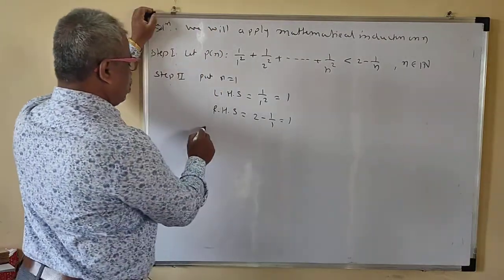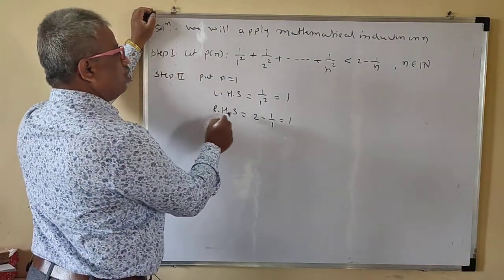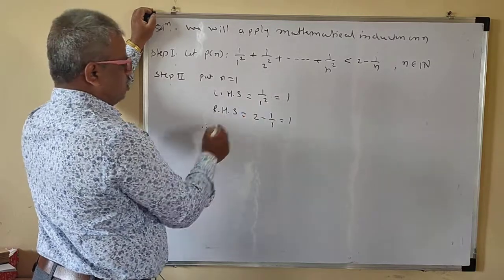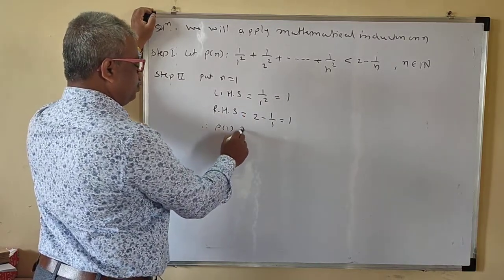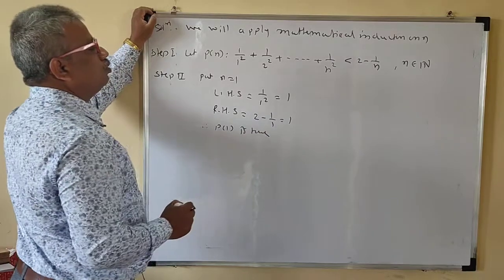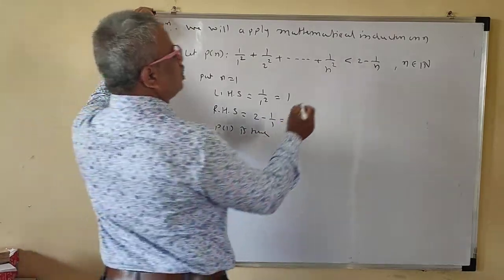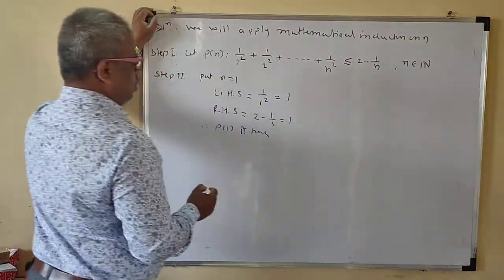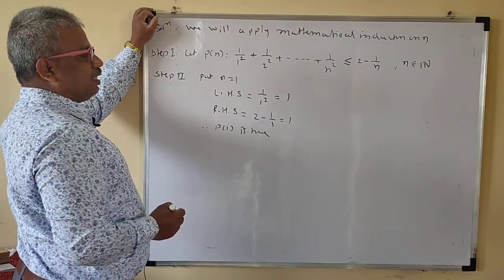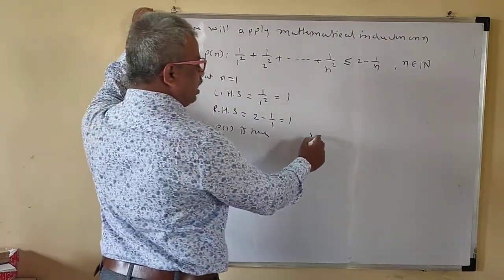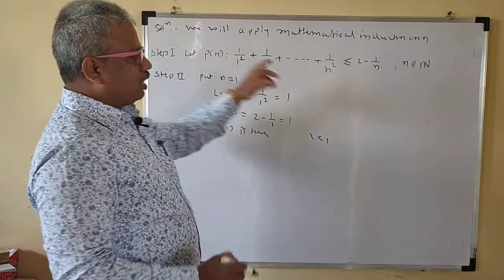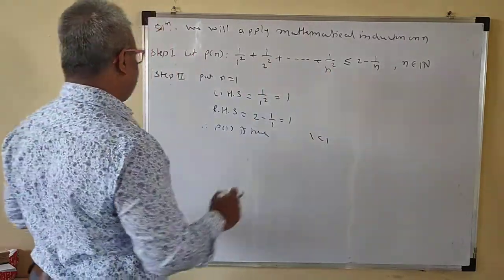So this is true. You don't say LHS equal to RHS. Okay? So P1 is true. So just say less than or equal to. Because if strictly less than, then P1 is not true, because 1 is not less than 1. So there should be less than or equal to. Okay? So we'll do the correction.